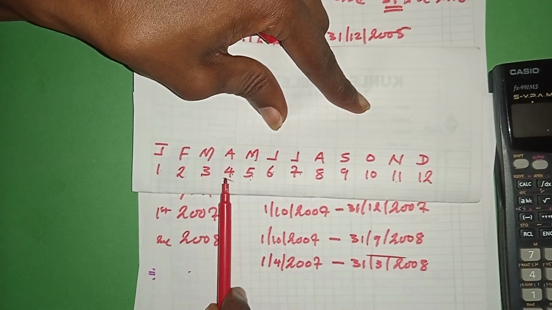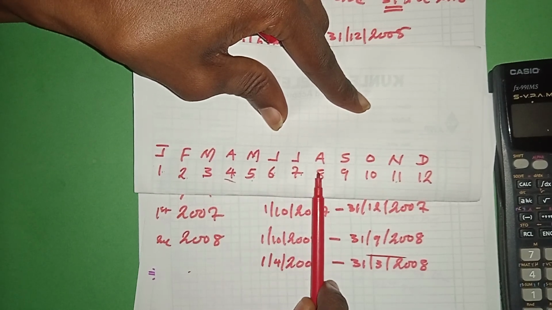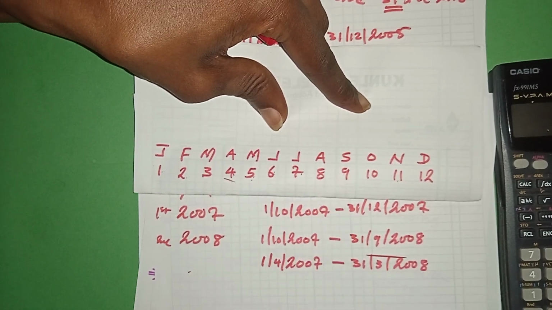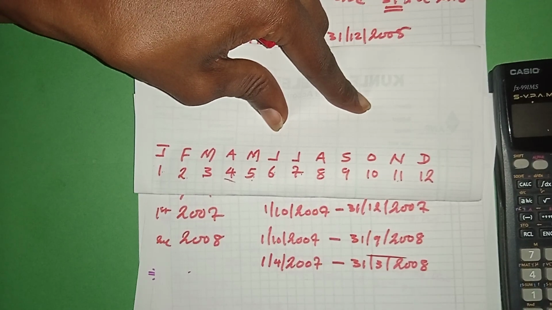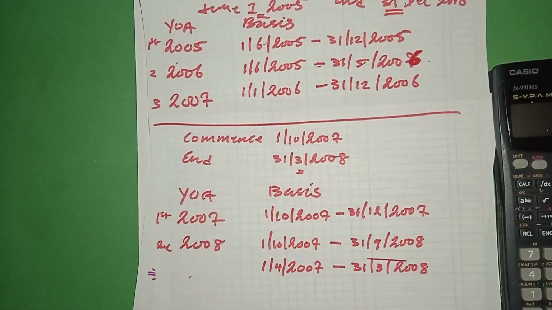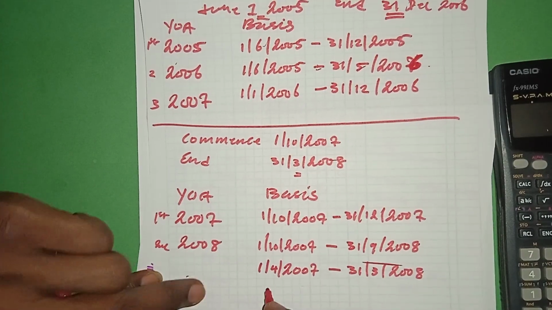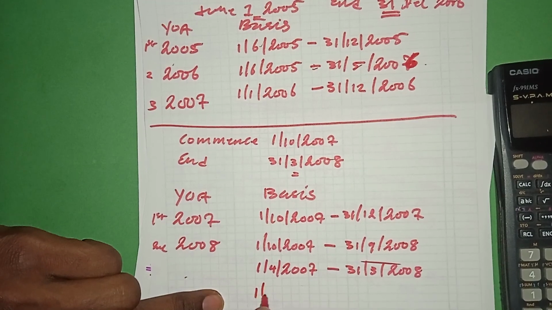That is to say, as at April, May, June, July, August, September, the business has not started. The business started when? October. So in this case, where the business has not started, you are going to repeat your what? Your 3rd year.